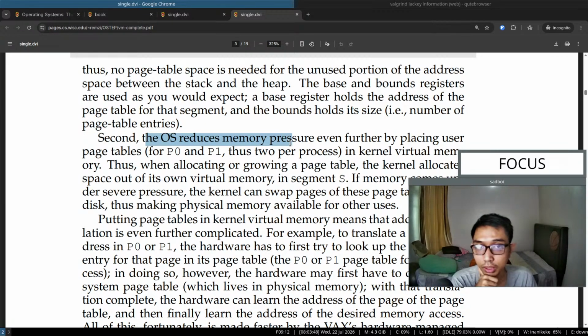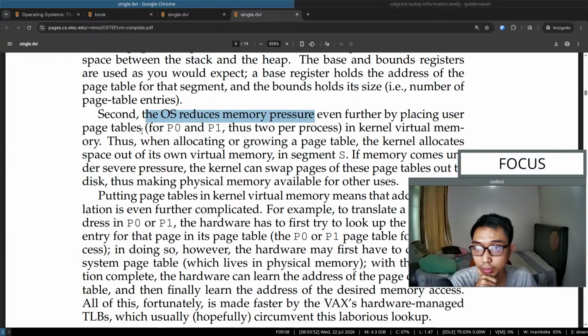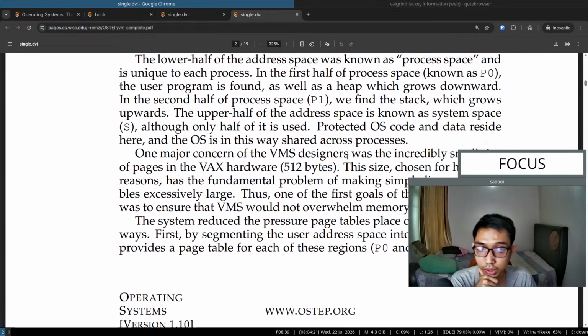Second, the operating system reduces memory pressure even further by placing user page tables for P0 and P1, thus two per process, in kernel virtual memory. Thus, when allocating or growing a page table, the kernel allocates space out of its own virtual memory in segment S. I think segment S is the system space, right?